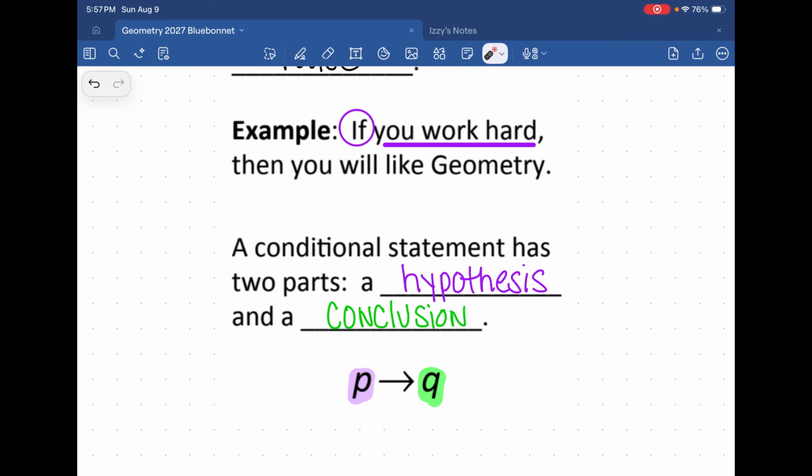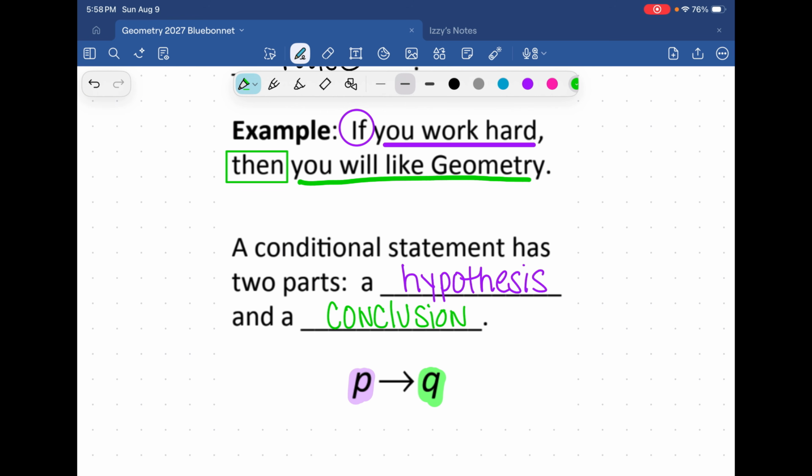This statement down here that I'm highlighting is if P, then Q. So if the hypothesis, then the conclusion. I like to box in the word then. Then is an identifier for our conclusion, just like if is for our hypothesis, and everything that comes after it is going to be our conclusion. So our conclusion would be, you would like geometry.